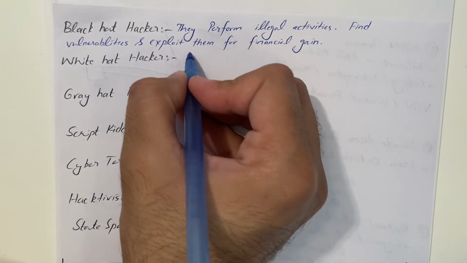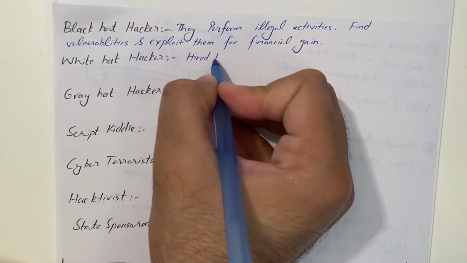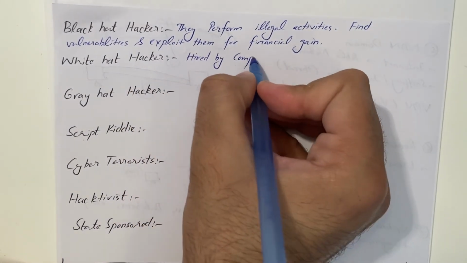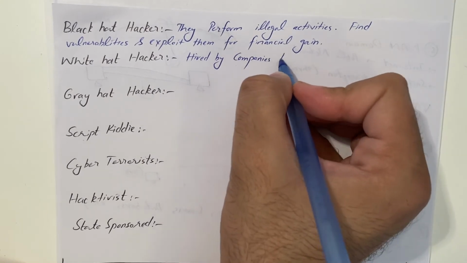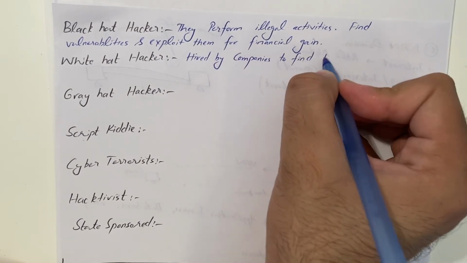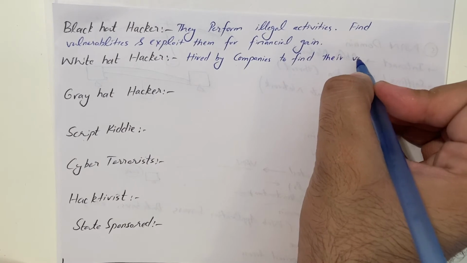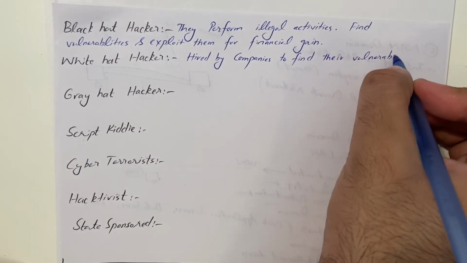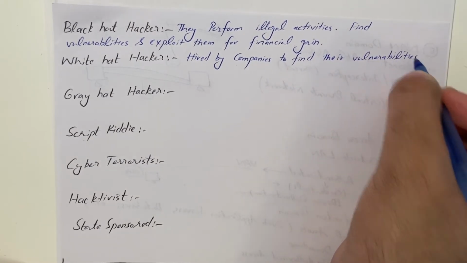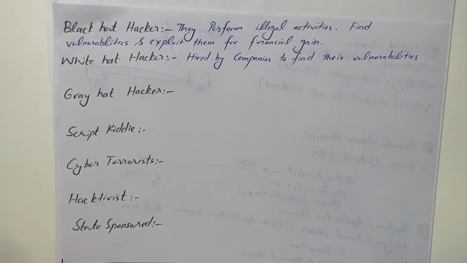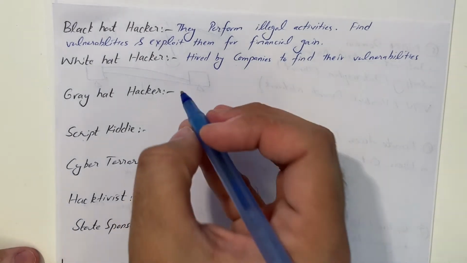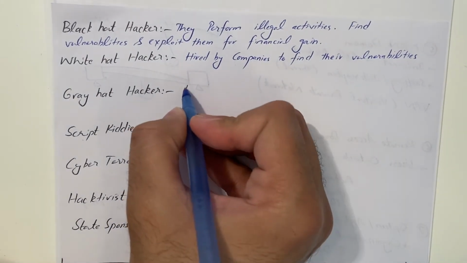White hat hackers are basically hired by companies to find their vulnerabilities. What they do is they find vulnerabilities of the companies, of their networks and all that, of their web applications, and after finding the vulnerabilities, they report to the concerned people. In fact, gray hat hackers are usually insiders.